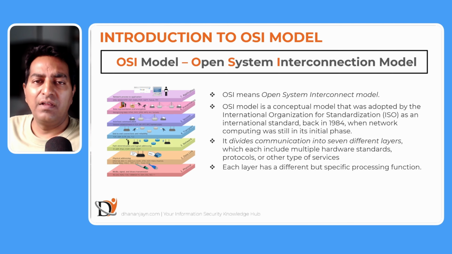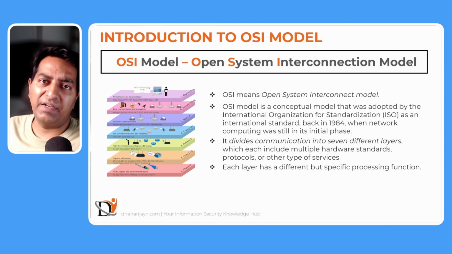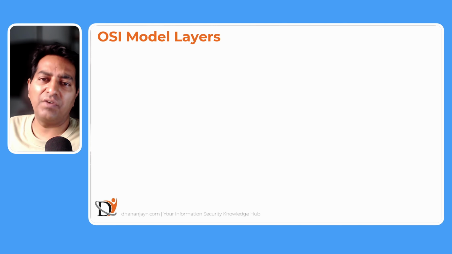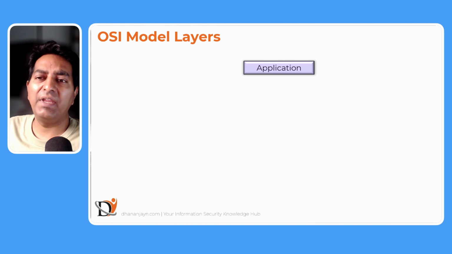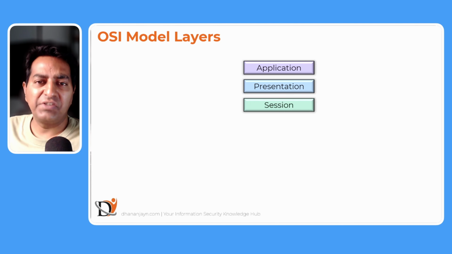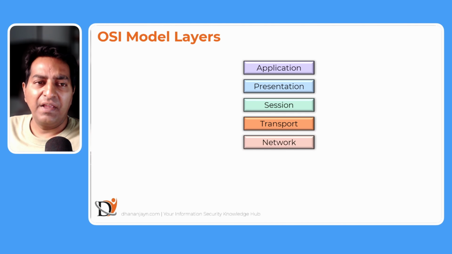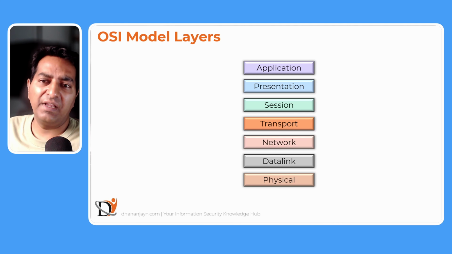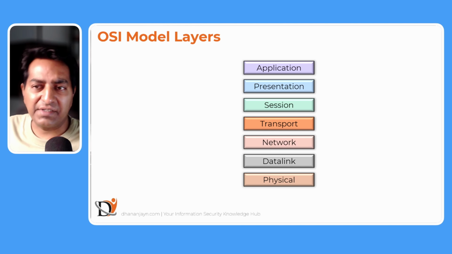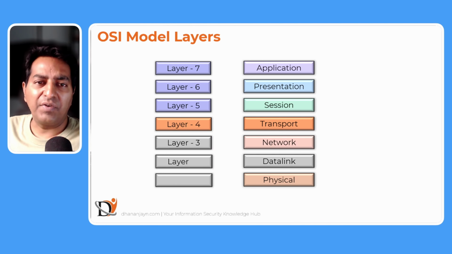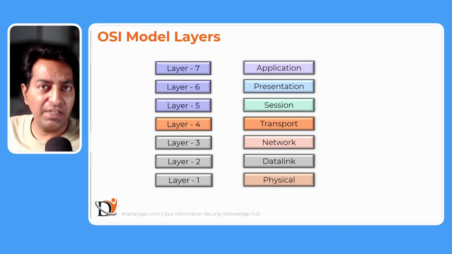So the open system interconnection model is composed of 7 layers, namely the application layer, presentation layer, session layer, transport layer, then the network layer, data link layer, and physical layer. So these are the 7 layers. These layers are always counted from the bottom to the top.